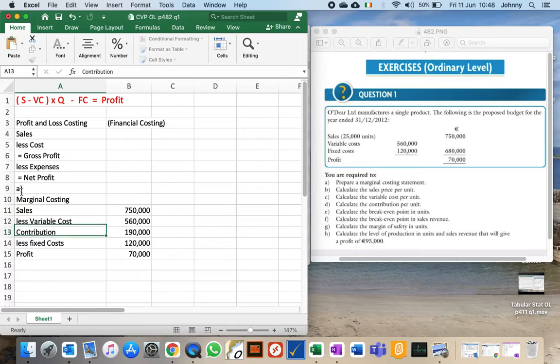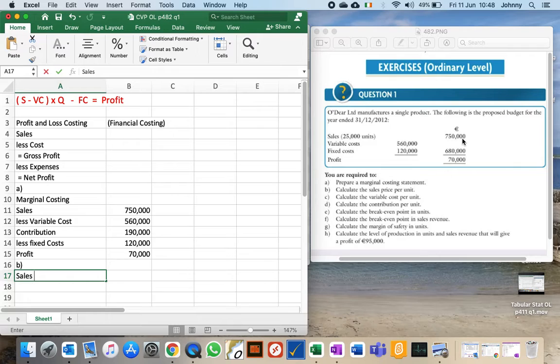Okay, next. We're asked to calculate the sales price per unit. So sales price for every unit that we sell, well, we're going to sell 750,000 euro worth. That's the amount of money for selling 25,000. So if we divide 25,000 into the total sales money, that will give us the amount that we're going to get for every one unit we sell.